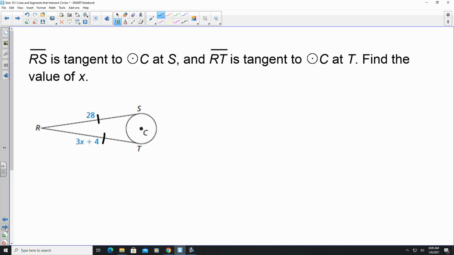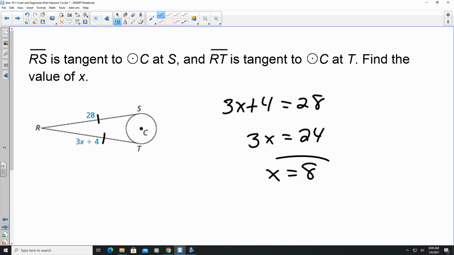In order to find X, you just take 3X plus 4 and set it equal to 28. 28 minus 4 is 24. So 3X is equal to 24, divided by 3, X equals 8. For that to be true, X would have to equal 8.